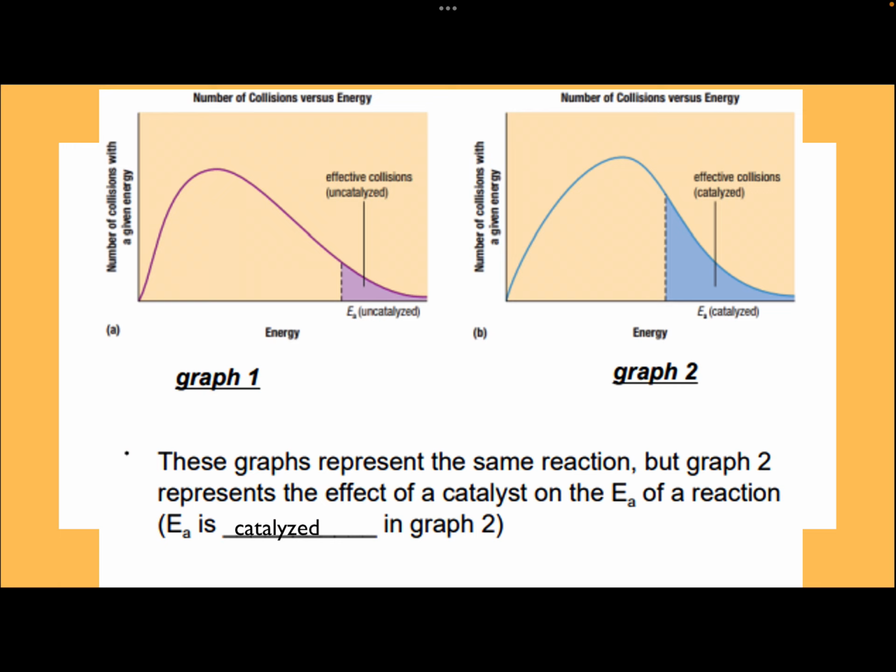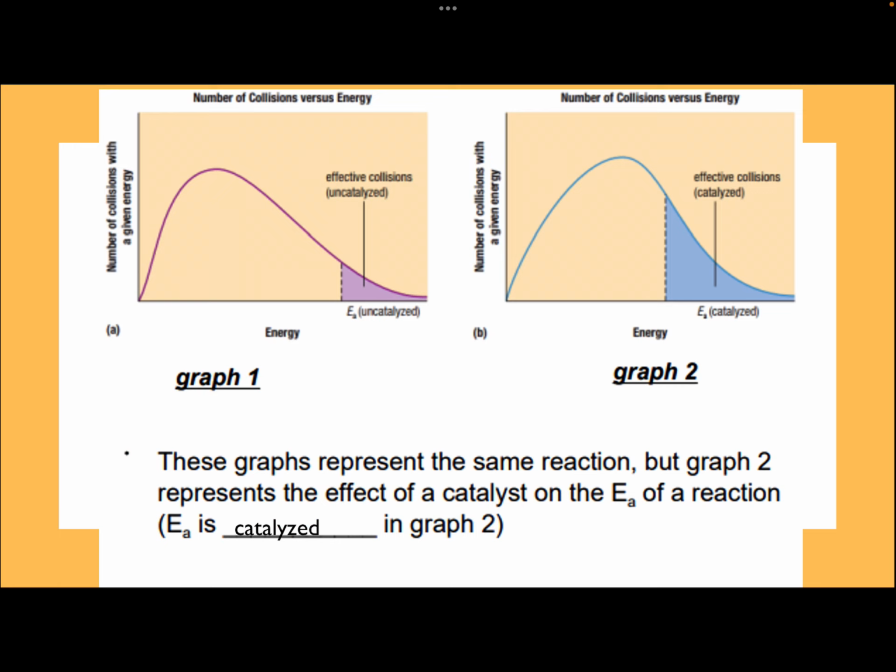Now, if we look at these two graphs here, we have graph 1 and graph 2. Graph 1 is looking at how we have an uncatalyzed energy, so the number of collisions based off of if we have a catalyst or not, and graph 2 is with a catalyst. So you can kind of see here that they're the exact same reaction, but when we have graph 2 with the catalyst, it is going to change our activation energy.